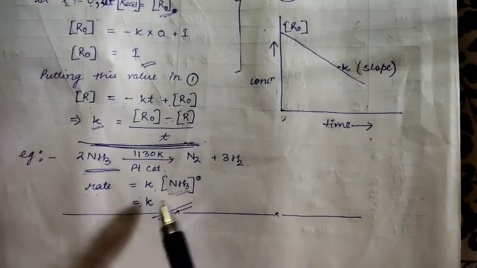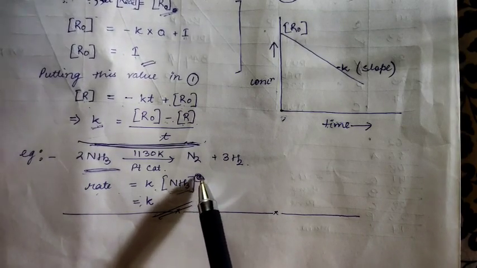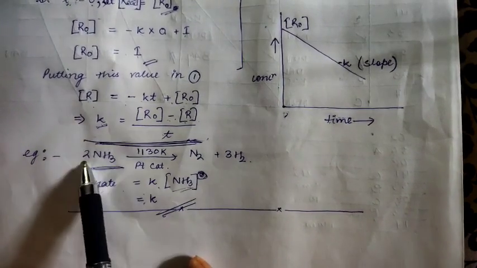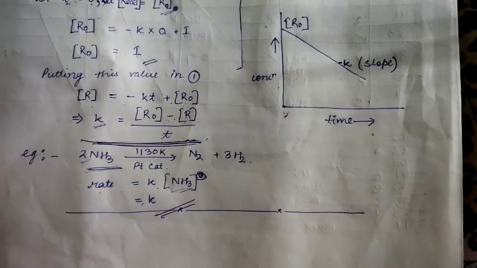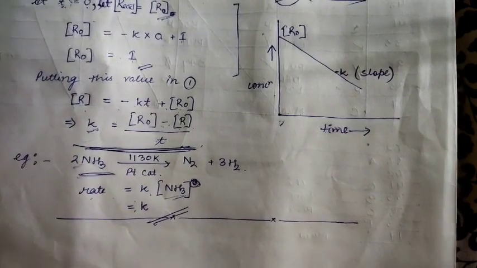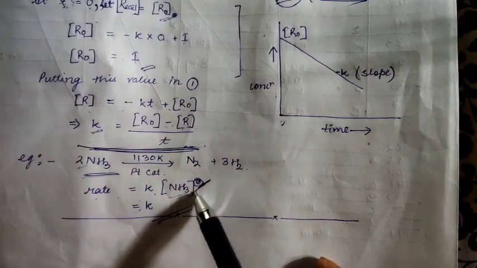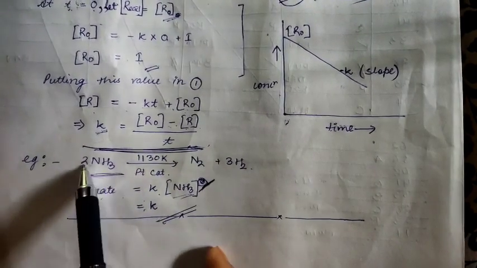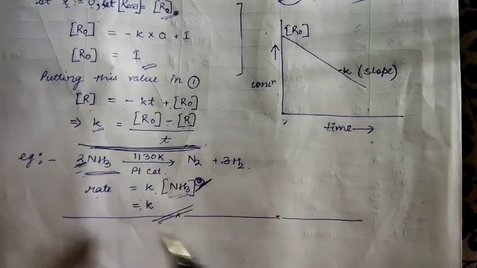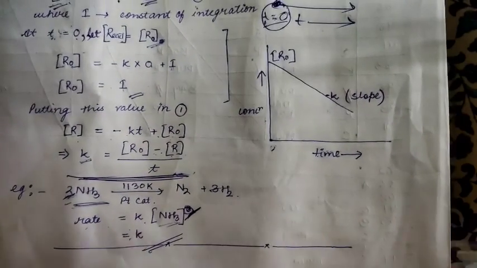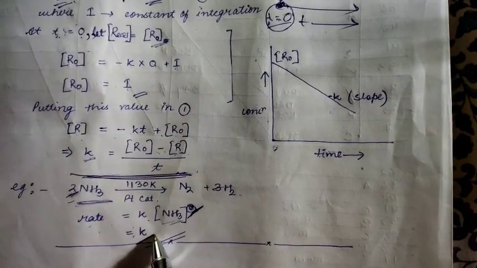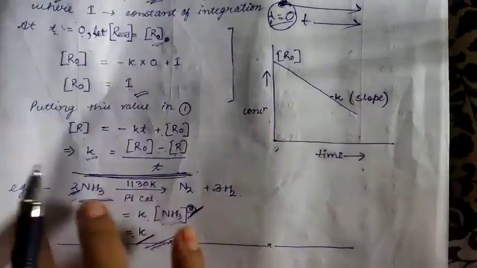We have already discussed that this order sometimes becomes equal to the coefficient, but it is not always the same. Accidentally it sometimes becomes equal, but it's not the same. So the power is not this 2 or 1 or 3. So rate is equal to K, the rate constant.